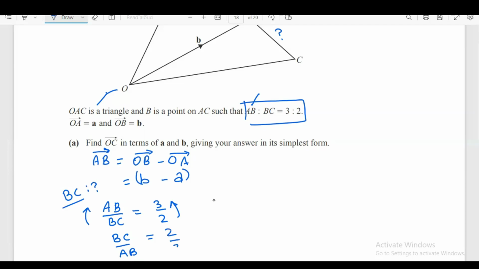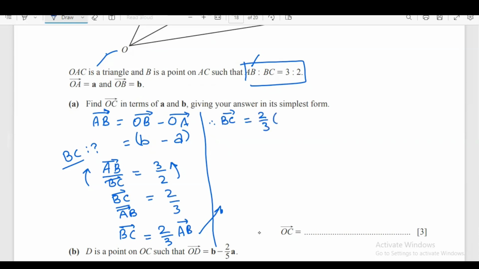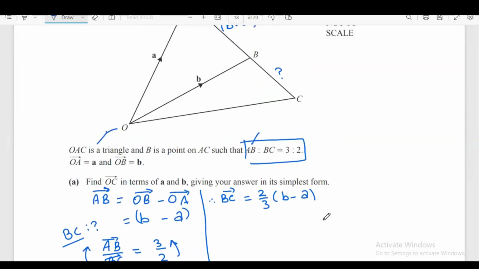BC over AB is 2 over 3, so BC is 2/3 of AB. These are vectors, so write down the symbol of vectors. Now, by putting the value of vector AB, which was b minus a, vector BC is 2/3 of b minus a. Write down 2/3 of b minus a.